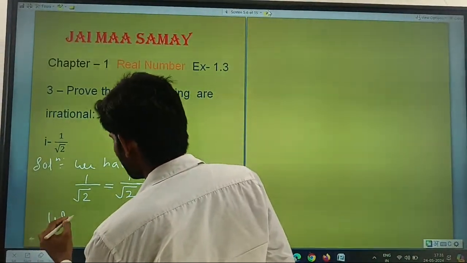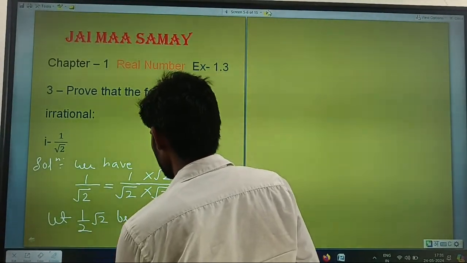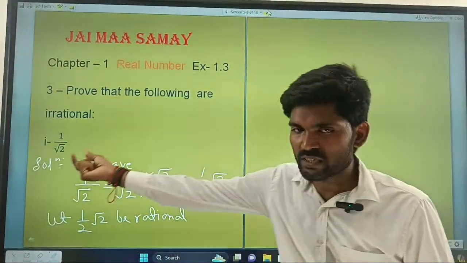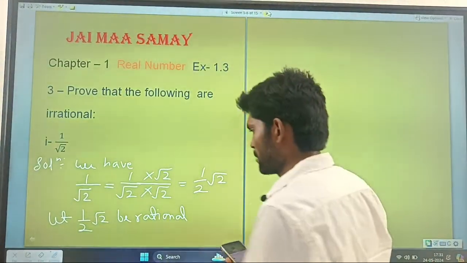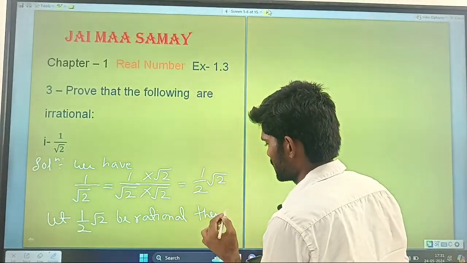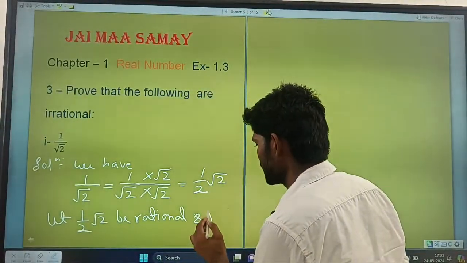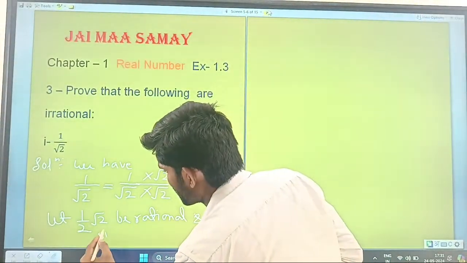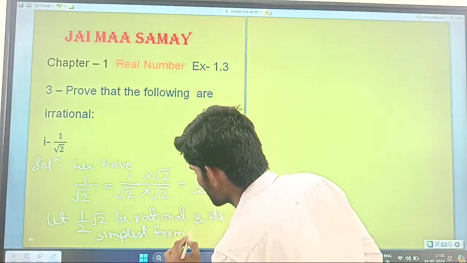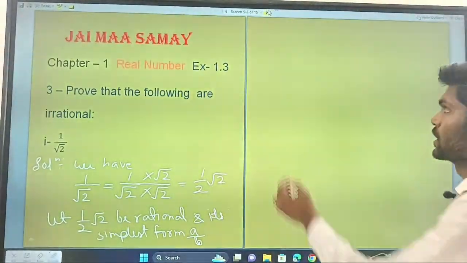Clear? Now let this be rational. Let 1 upon 2 under root 2 be rational. You know very well this is irrational; in the question it is given that this is irrational. Let it be rational, then write it in its simplest form. What is the simplest form, dear? a upon b. Any rational number in simplest form is a upon b.